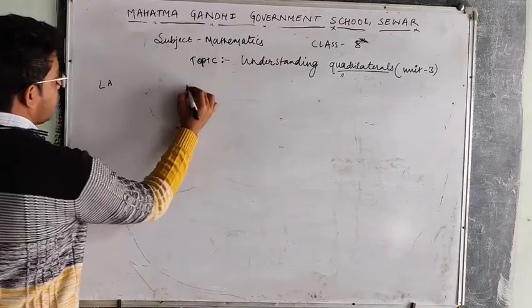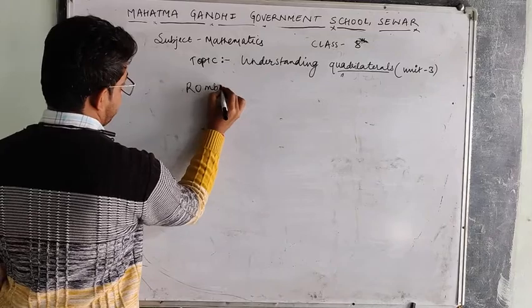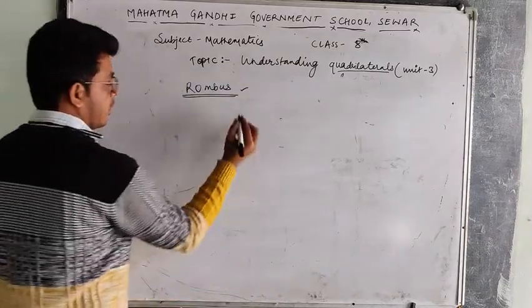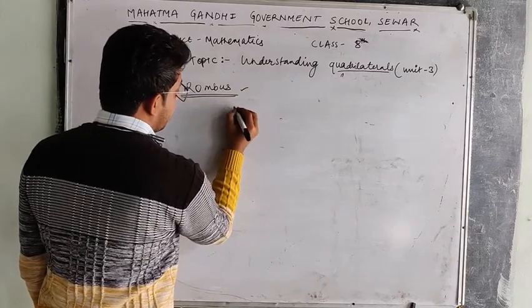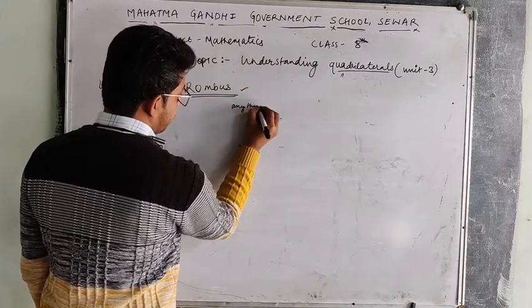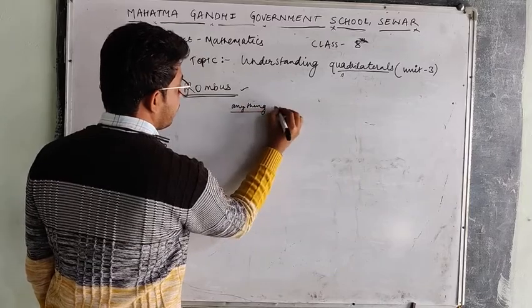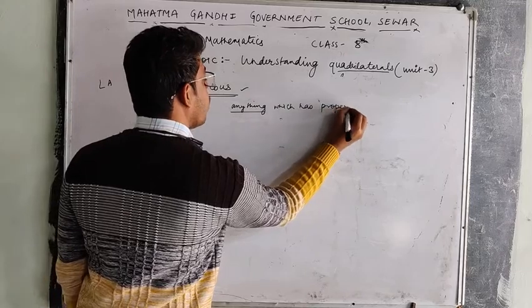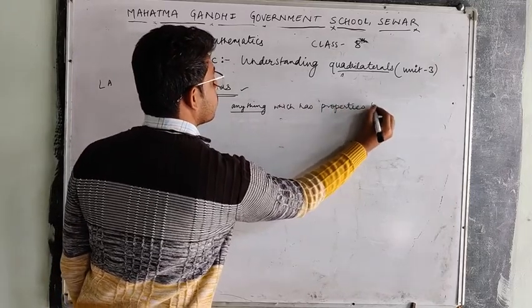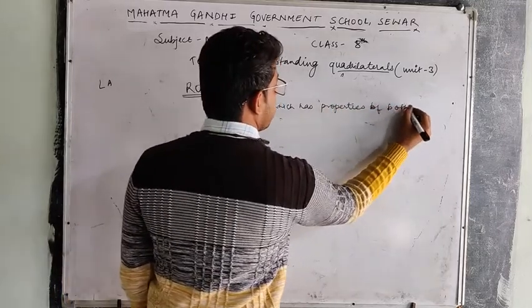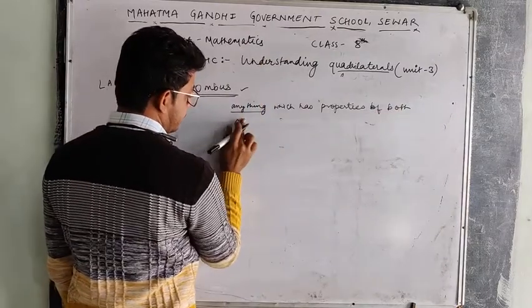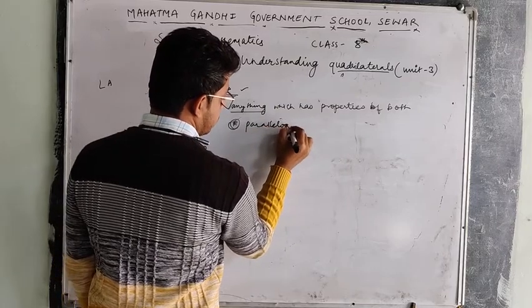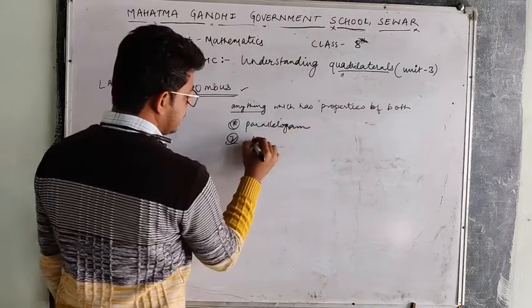Now we will talk about the rhombus. What is a rhombus? Anything which has properties of both: first a parallelogram and second a kite.